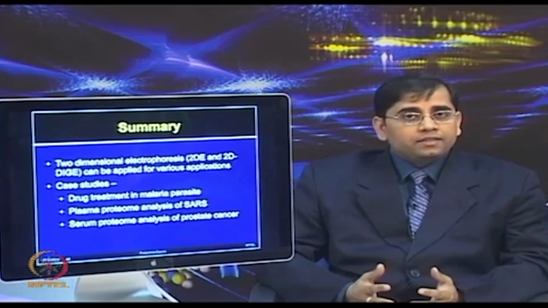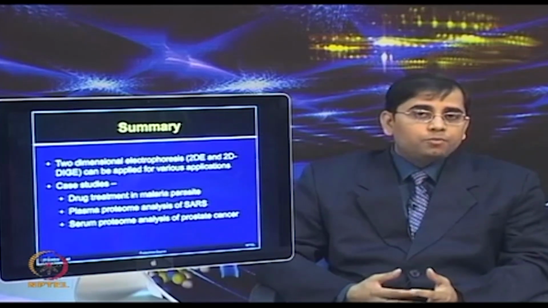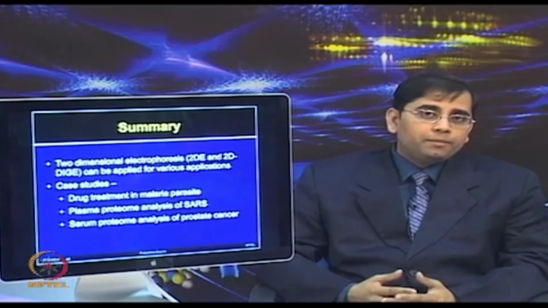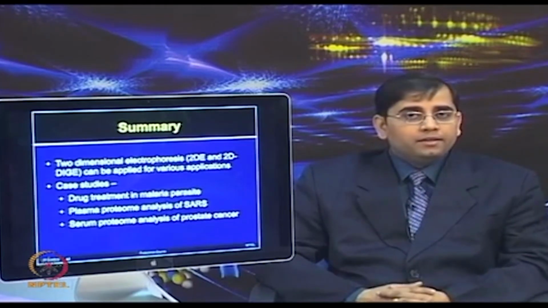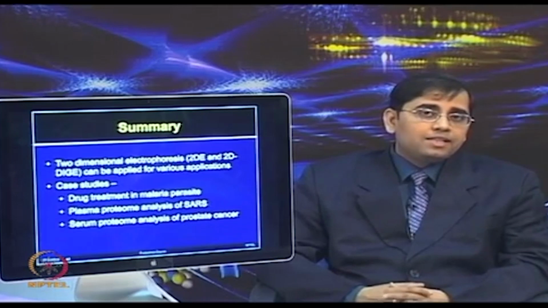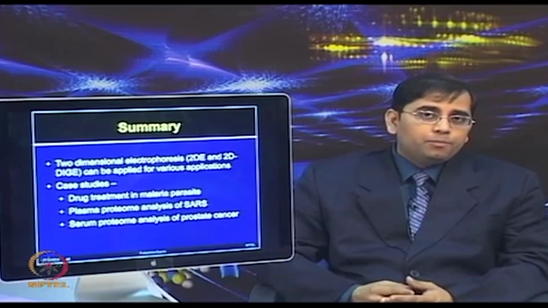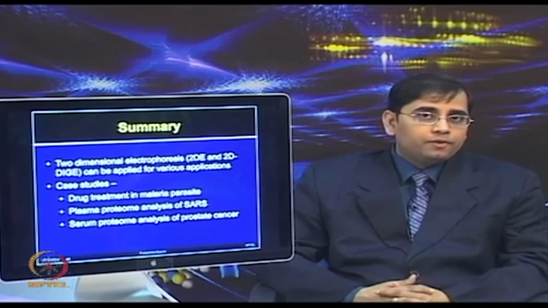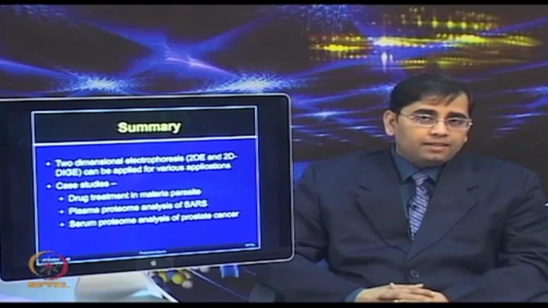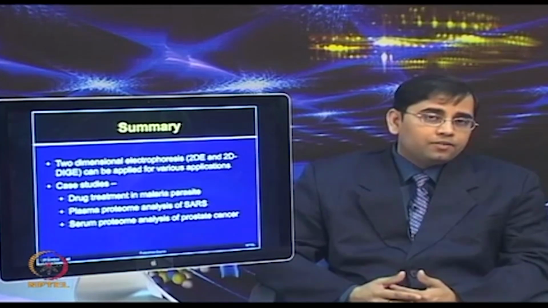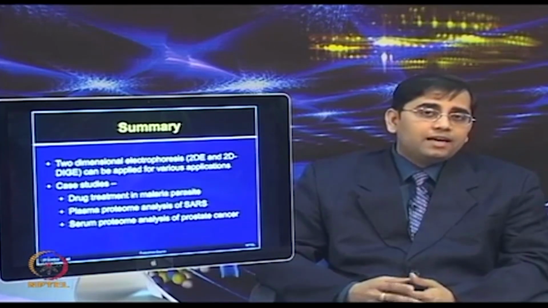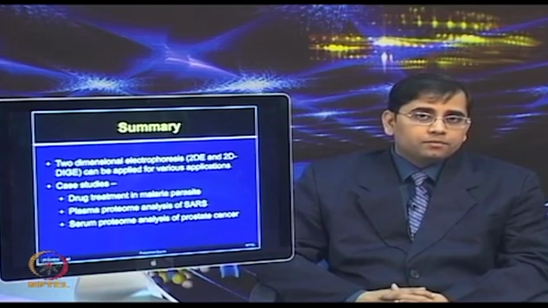So, all your creativity and modifications play a major role during the very first step. Once you have obtained a good protein extract, the same protein extract can be employed for various types of technologies, and the workflow of all the steps which we talked about earlier for 2D and DIGE remains very similar.